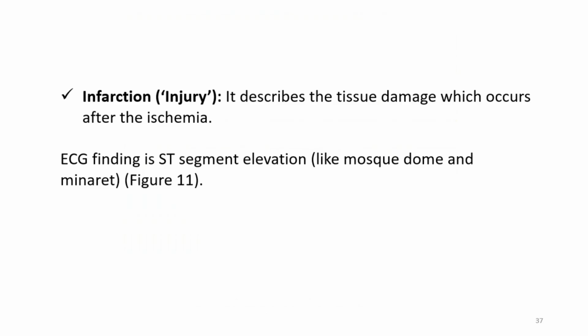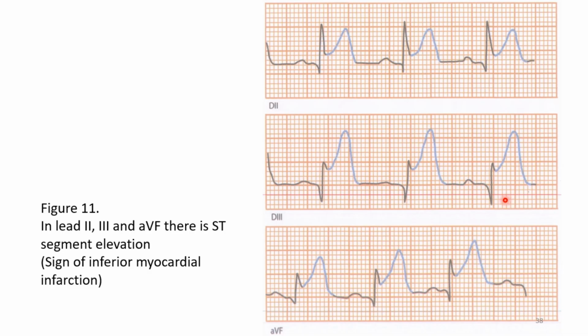And finally, the most important, infarction. It describes the tissue damage which occurs after ischemia. Electrocardiogram finding is ST segment elevation, like a mosque dome or minaret. Here you can see in inferior myocardial infarction in lead 2, 3 and augmented voltage foot, ST segment elevations.